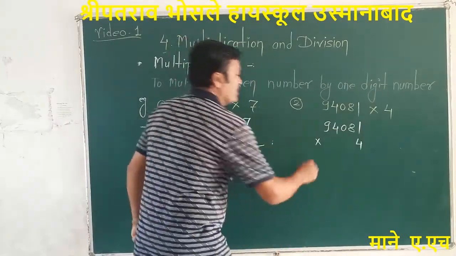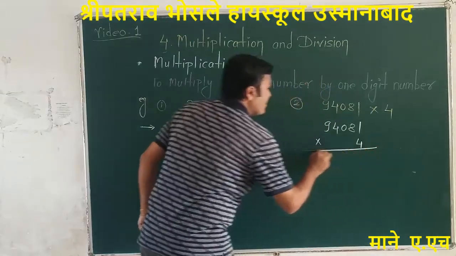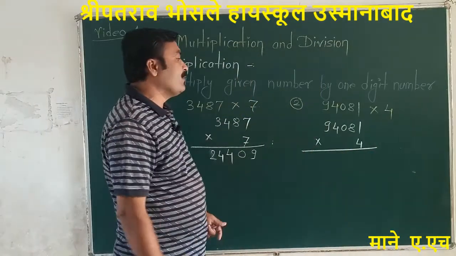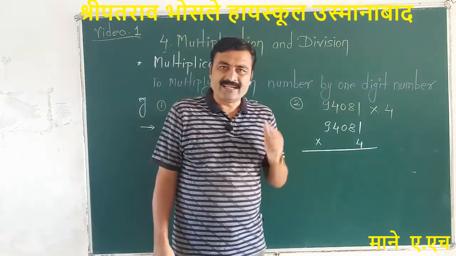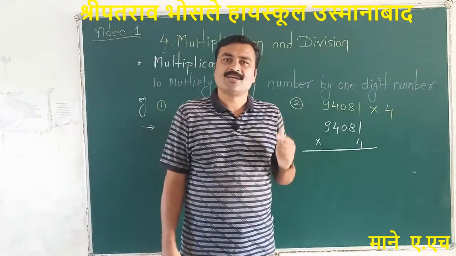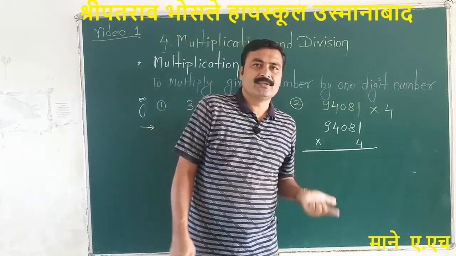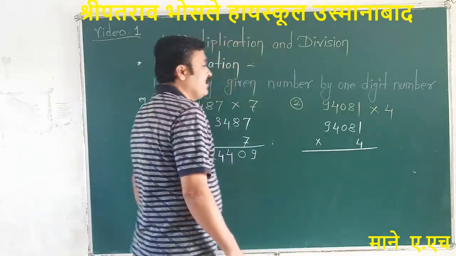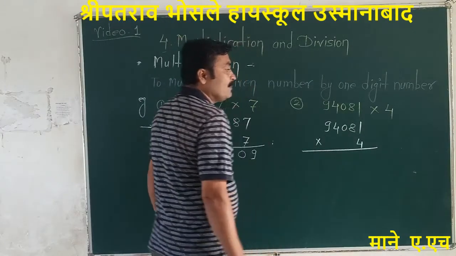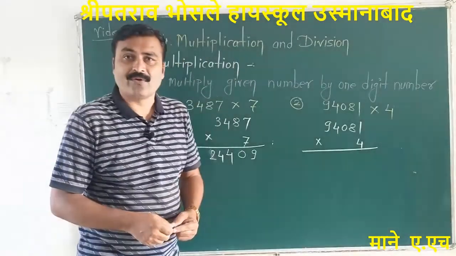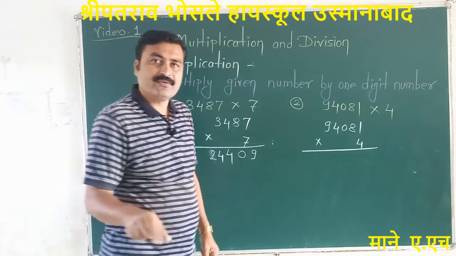That's important here. After that we take the horizontal line. Now we have to start the multiplication by 4. It means we have to use the table of 4 to carry out this multiplication. As in the previous example, we start from the ones place, the unit place.